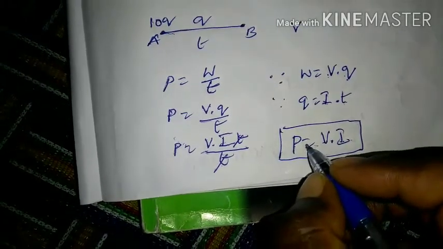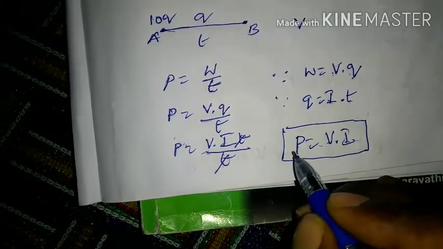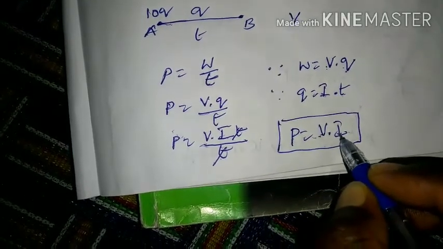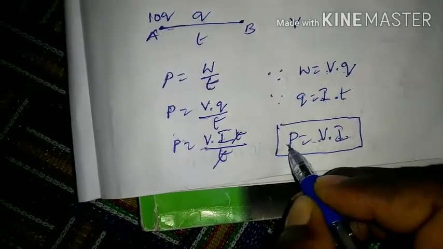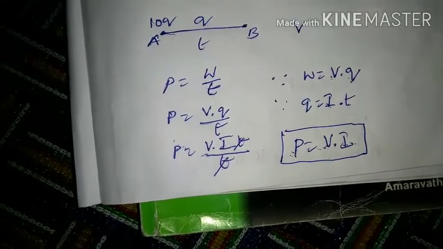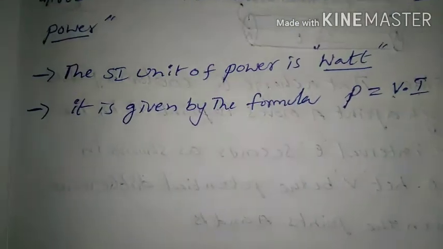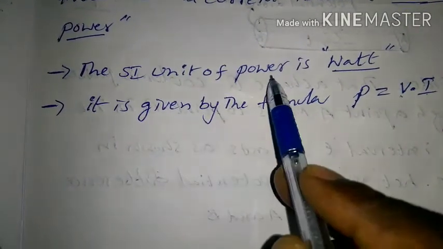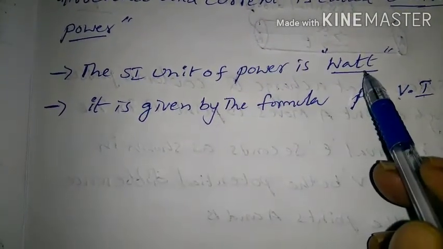What is the definition of electric power? The product of potential difference and current is called electric power. Next, the SI unit of power is watt.